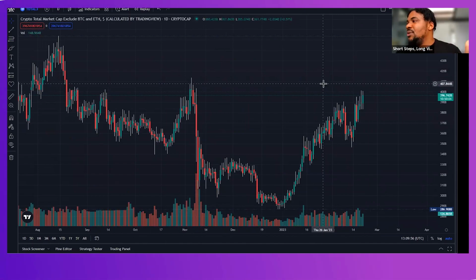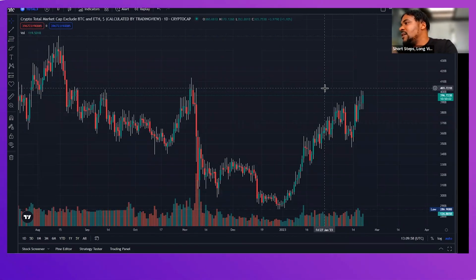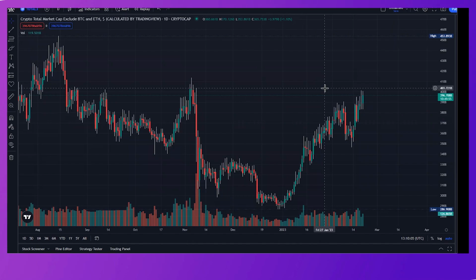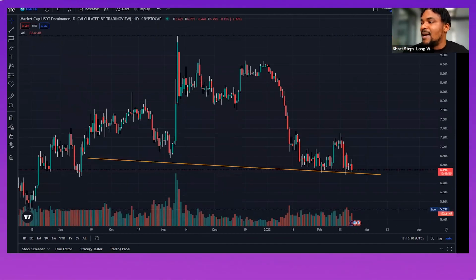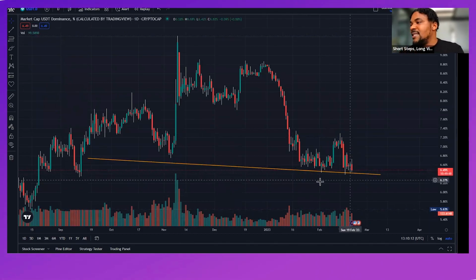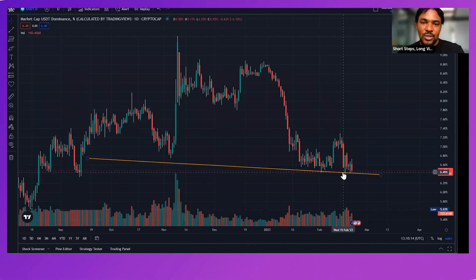So we're going to see Altcoin dominance possibly grow up to about $403 billion. And then we're also going to see money start leaving Altcoin if no further money gets in. And we can already see that happening because USDT is already hitting a support zone.